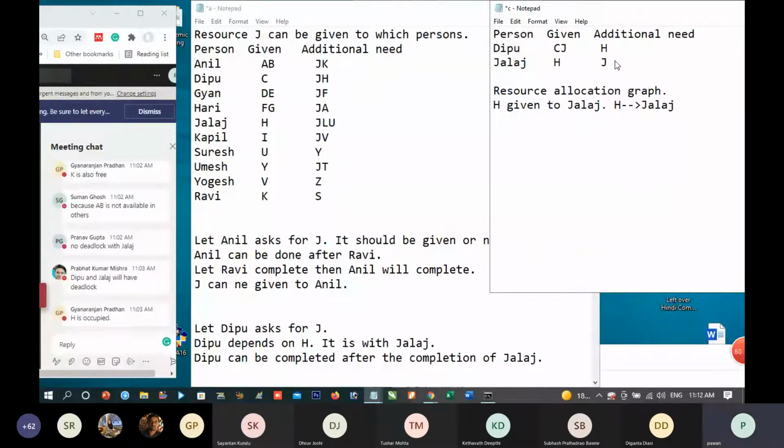A resource has been given to a person. It means from resource to person there is an edge.